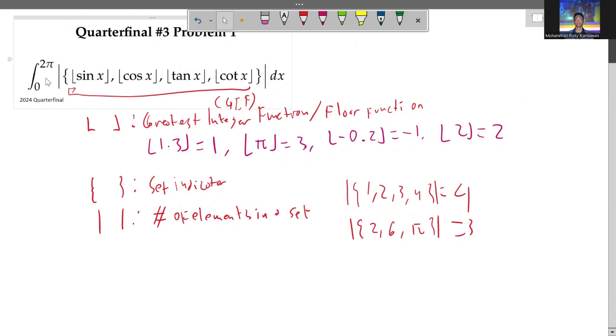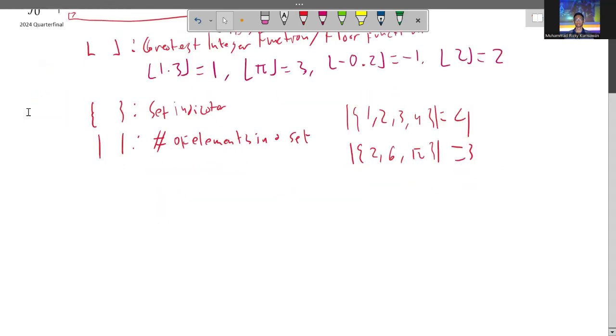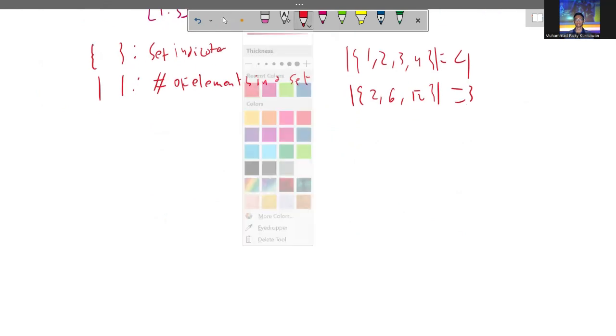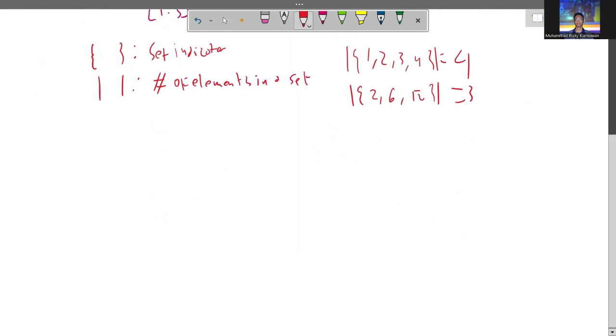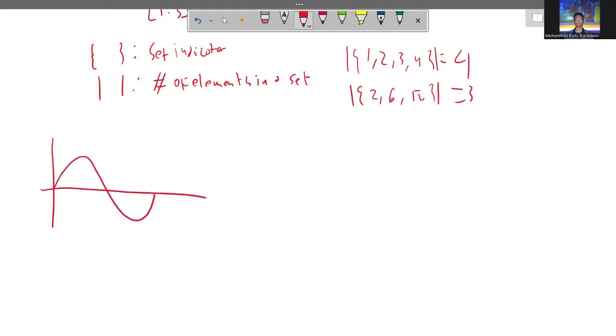By first thinking, what do the graphs of sine x, cosine x, tangent of x, and cotangent of x look like? Okay, so this is the graph of sine of x.